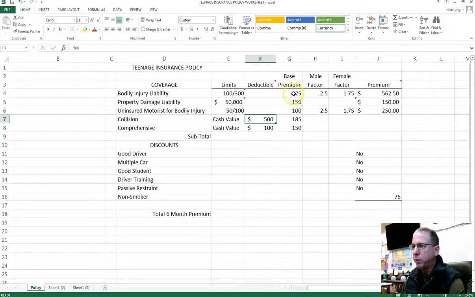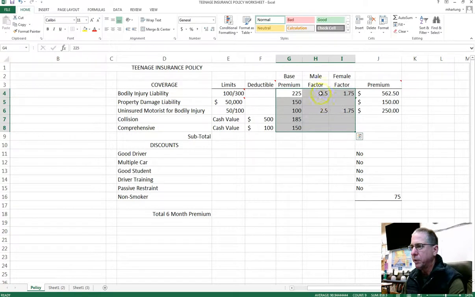Base premium, go ahead and put those numbers in there. Once again, I just made up these values here, and we're just using these as an example. The one thing that is for real here is that males are going to pay more than females.